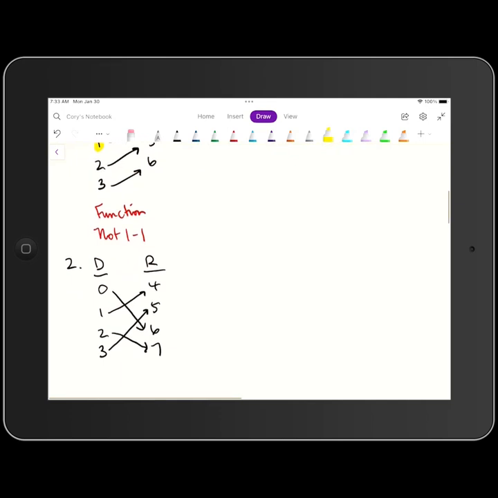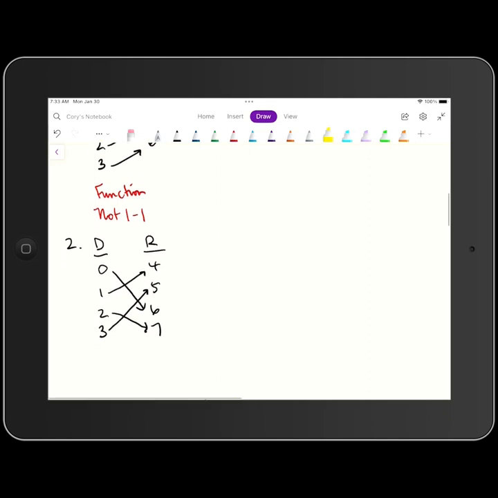Okay, second example. We have the relation whose domain contains the values 0, 1, 2, and 3, and the range contains the values 4, 5, 6, and 7. We have 0 being sent to 6, 1 being sent to 4, 2 being sent to 7, and 3 being sent to 5.